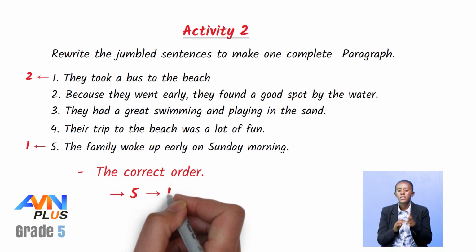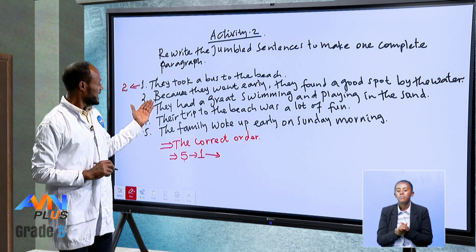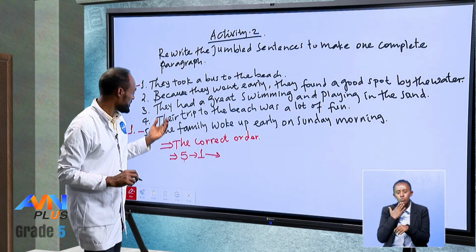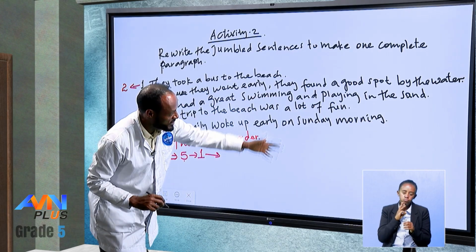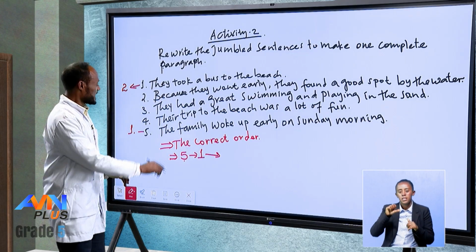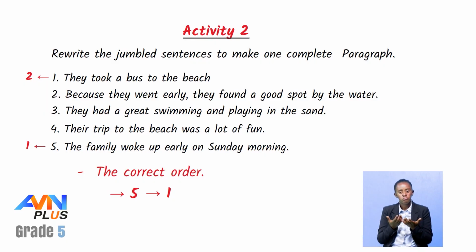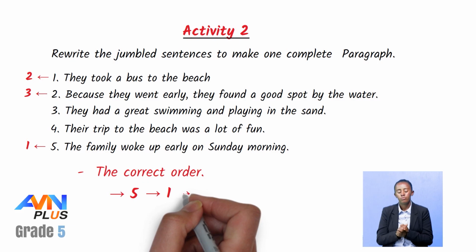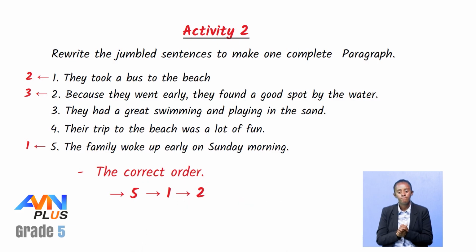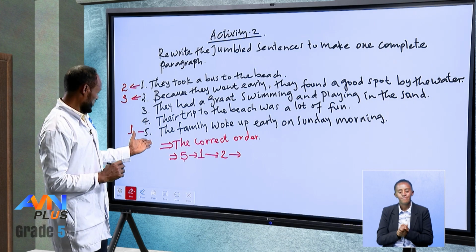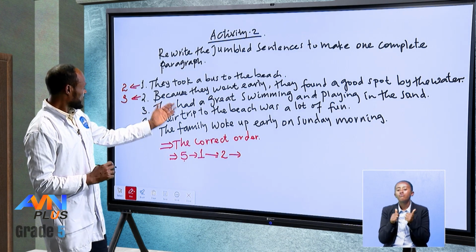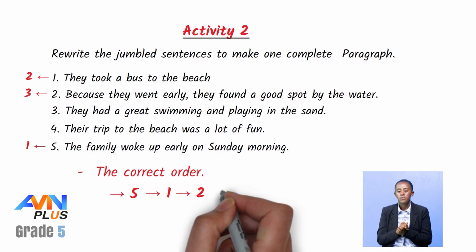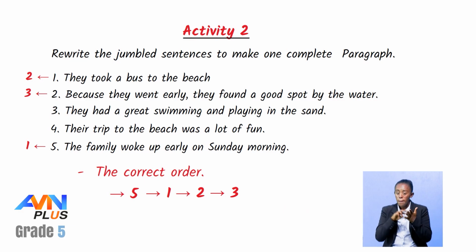What about the third? Because they went early, they found a good spot by the water. They had a great swimming and playing in the sand. So, it should be number 2, the third one. What about the fourth? The fourth one should be number 3.